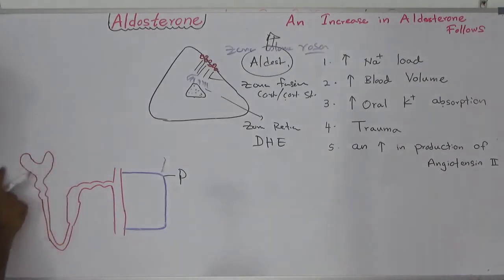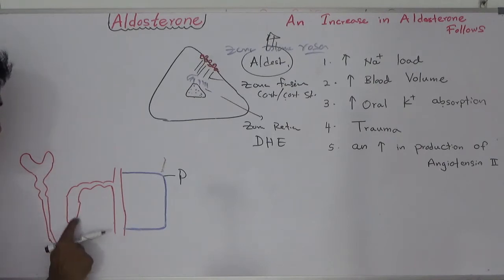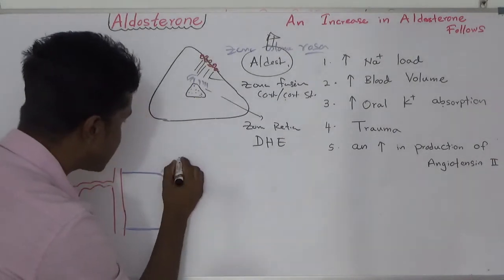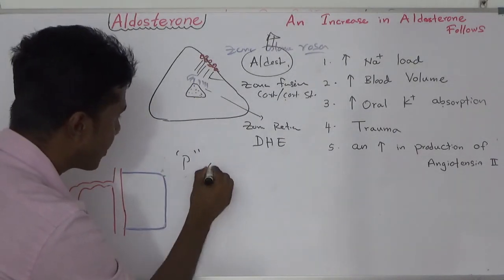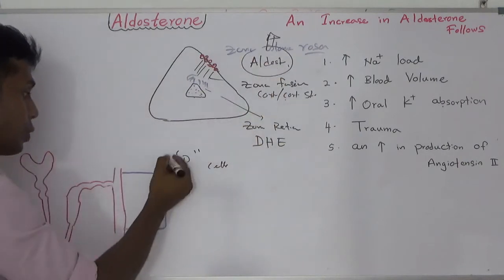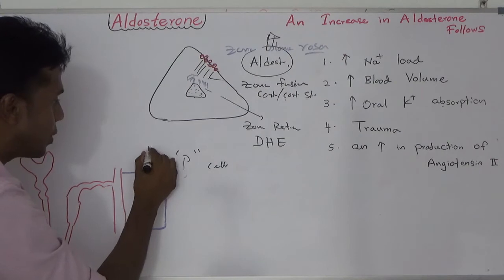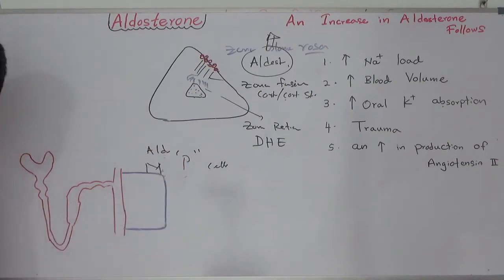A nephron contains Bowman capsule, proximal convoluted tubule, loop of Henle, thin ascending limb, thick ascending limb, distal convoluted tubule, and the collecting duct. Your collecting duct contains a cell type called principal cells or P cells. Aldosterone comes and binds, stimulating these P cells.